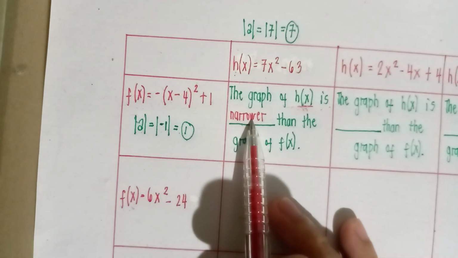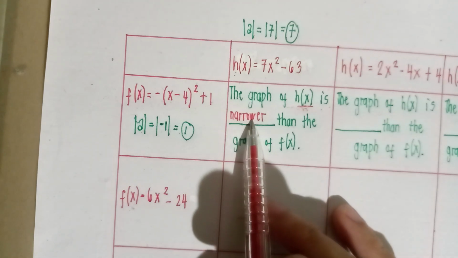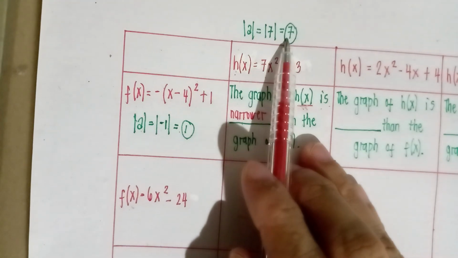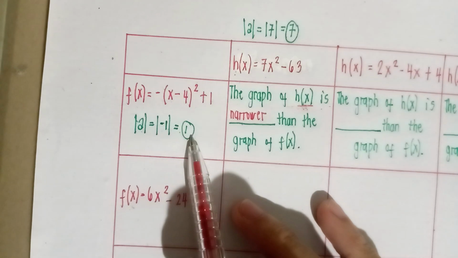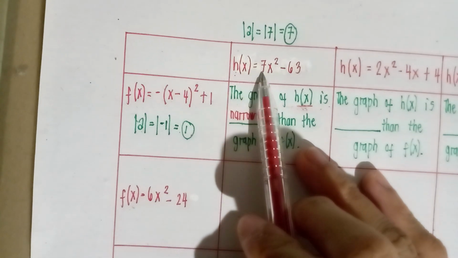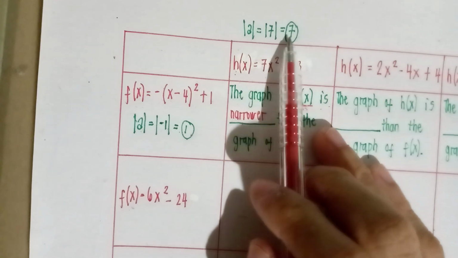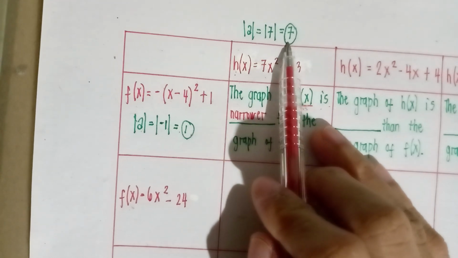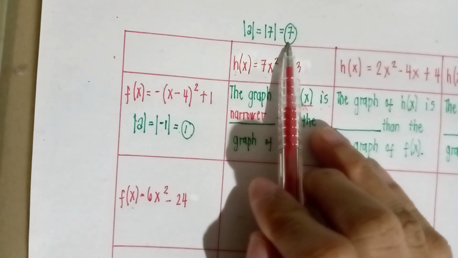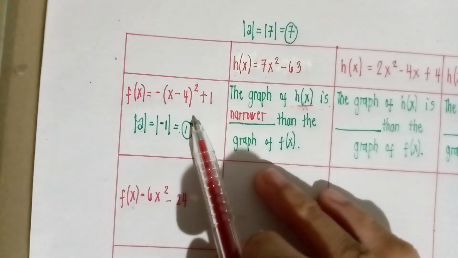To identify if it is narrower or wider, base it on the absolute value of a. The top one is 7, the other is 1. If the value is larger, that means narrower, and if it is smaller, wider. Okay? So, 7 and 1.